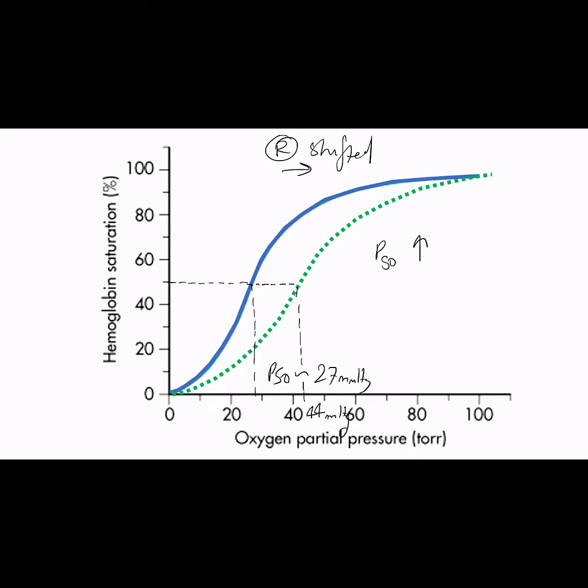So the importance of this, and this is always examinable, not only in medical school, but throughout your medical career. When you go into specialist examinations, you're bound to get a question on the hemoglobin oxygen dissociation curve. The reason why this occurs is that there are a few what we call allosteric modulators that shift this curve, and we'll go into the details of this a bit further.